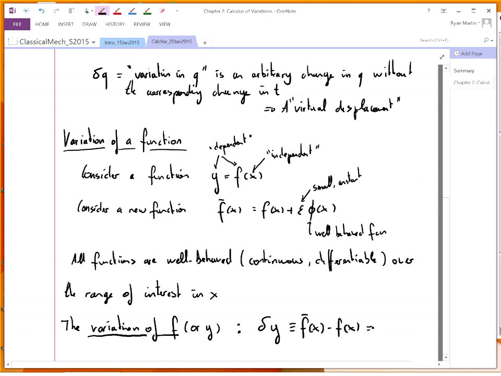And if we look at what we have up here, f bar of x minus f of x is just that epsilon phi of x.